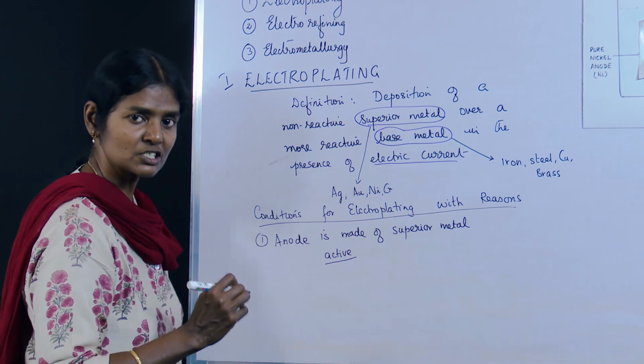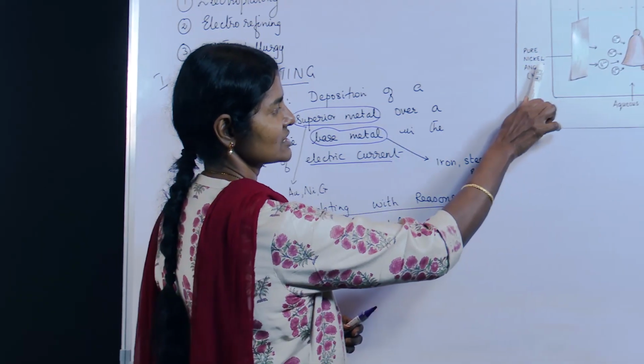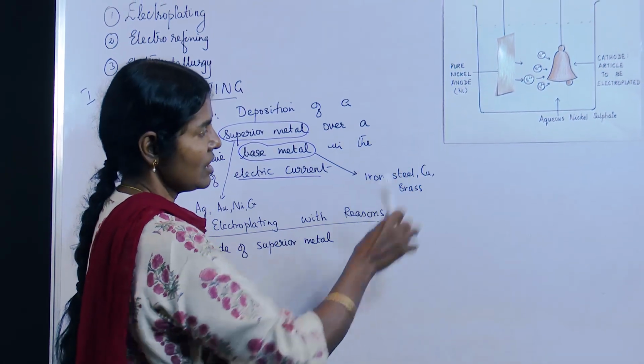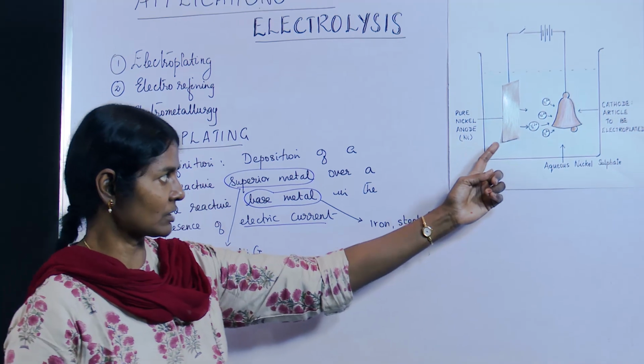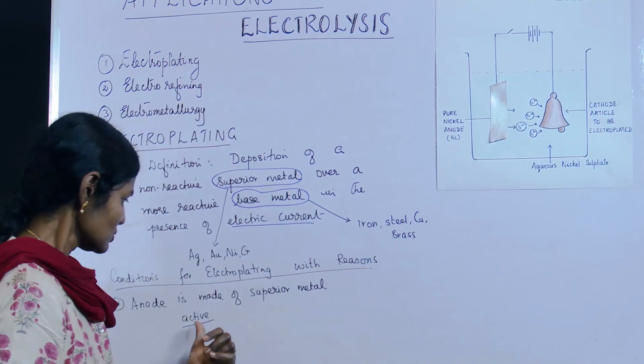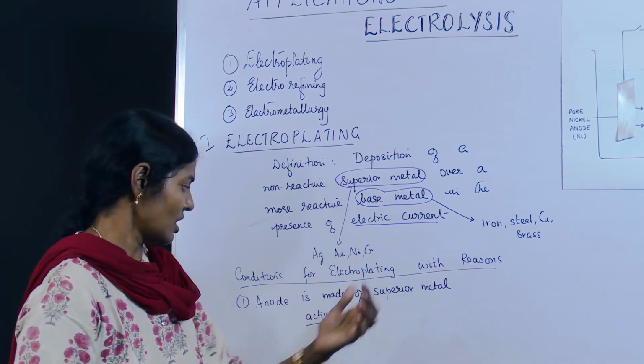When it is active, it releases its ions. Here nickel is the anode, a superior metal, and because it is an active electrode, it is releasing nickel ions.